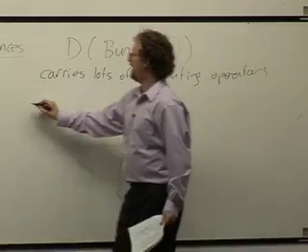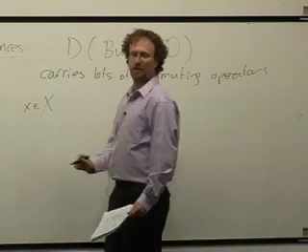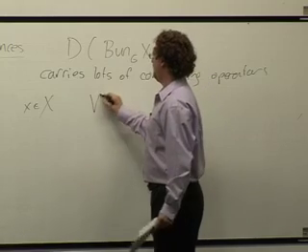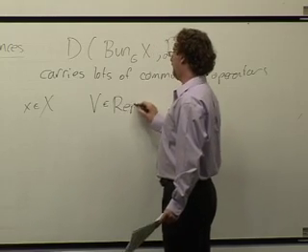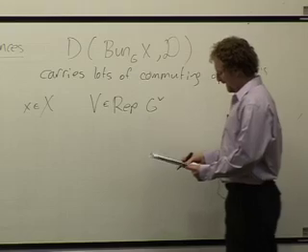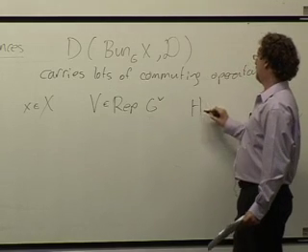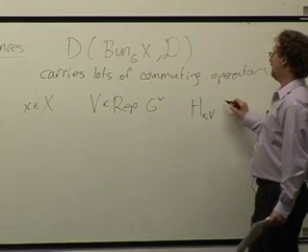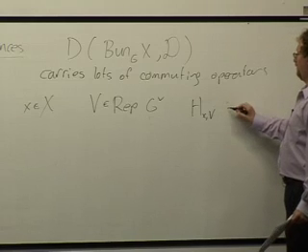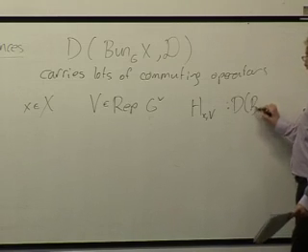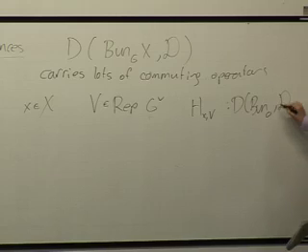So for any point x in X, and for any V a representation of the dual group, I get a functor H_{x,V}, which is a functor on this category, D(Bun G).